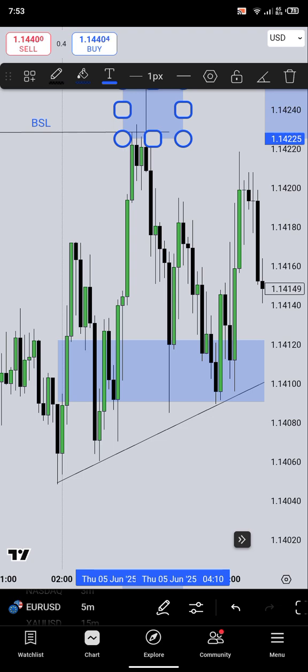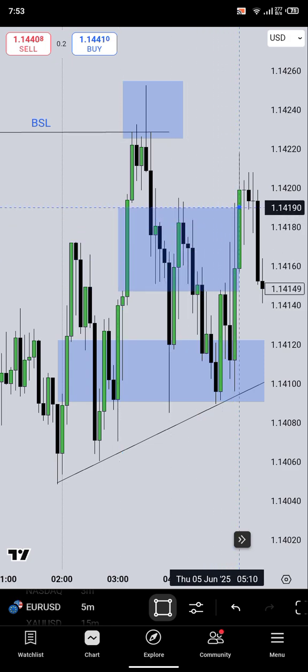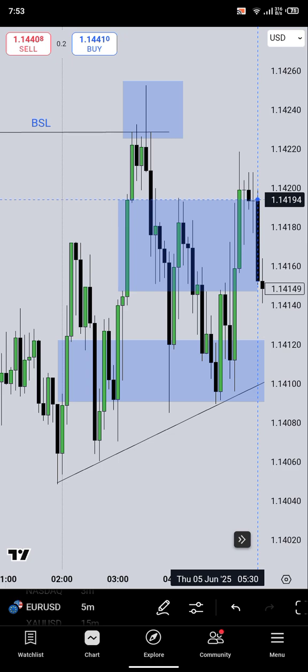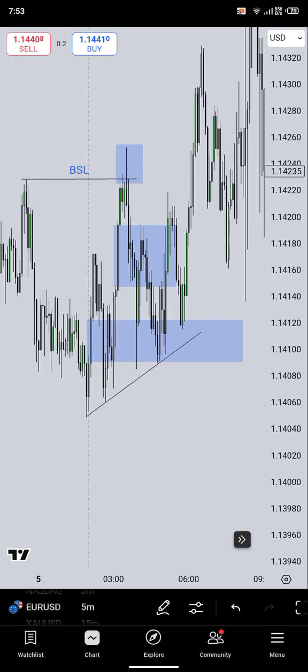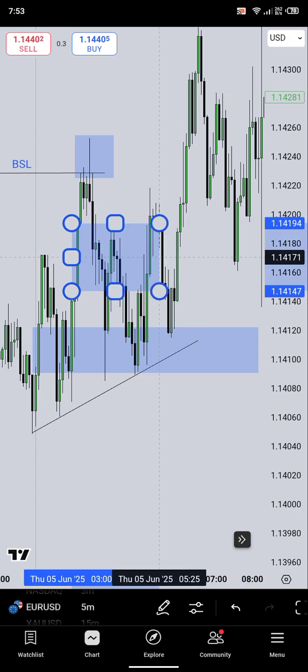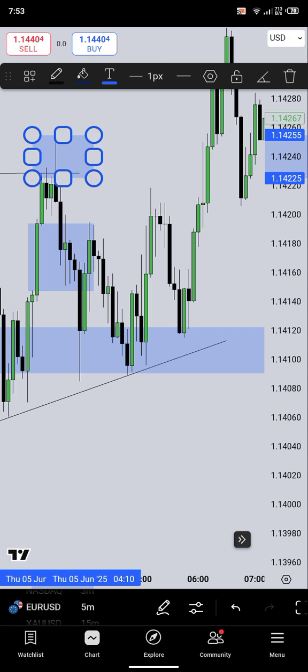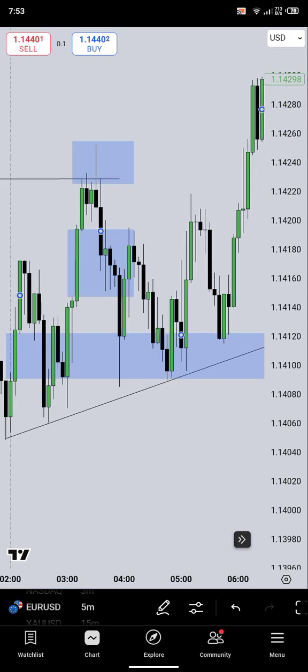Then we noticed that price created the fair value gap here again. Price created the fair value gap right here. So when price was at this point, we were watching this.